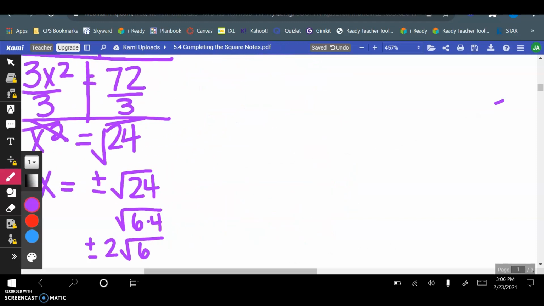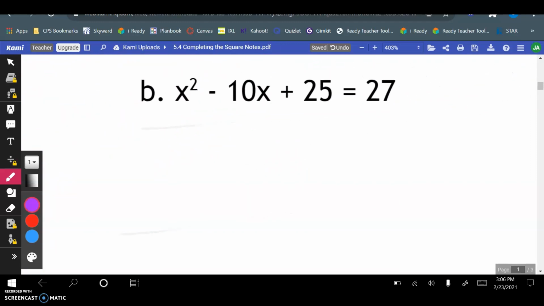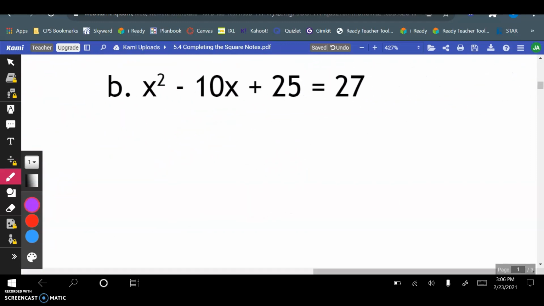All right. For our other problem here, we have to factor this first. What I see is that I can take the square root of the front, this is a 1, and I can take the square root of the back. So if I do that, I have 1 times 1, so x times x, and 25 is 5 times 5.